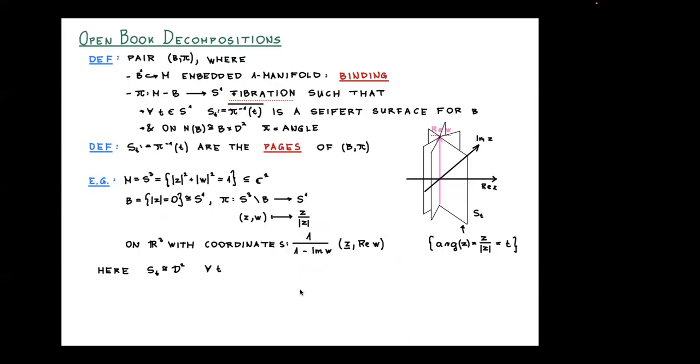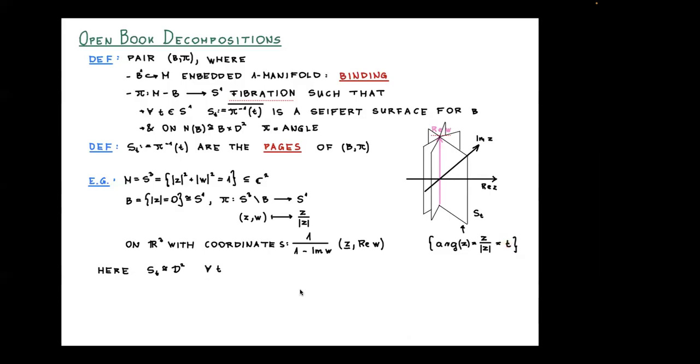So what I'm trying to draw is the binding, and it's parameterized by the real part of W, and then here the pages are going to be these half planes, each page being the preimage of a concrete angle, t.